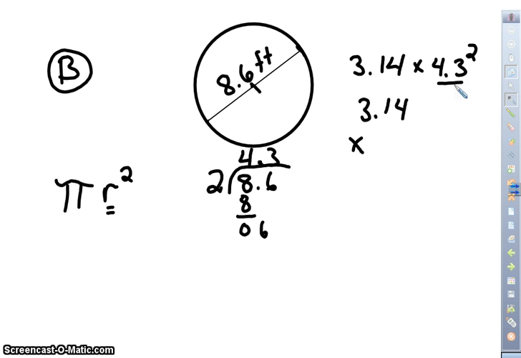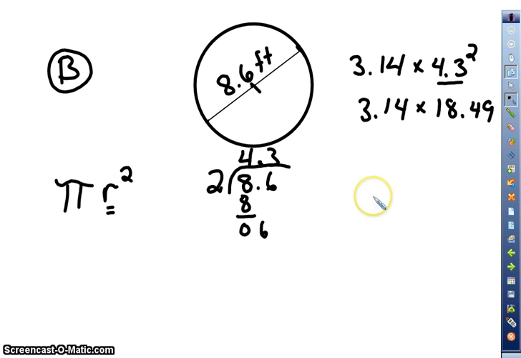You're going to plug that in your calculator, 4.3 times 4.3, which is going to give you 18 and 49 hundredths. So times 18 and 49 hundredths.